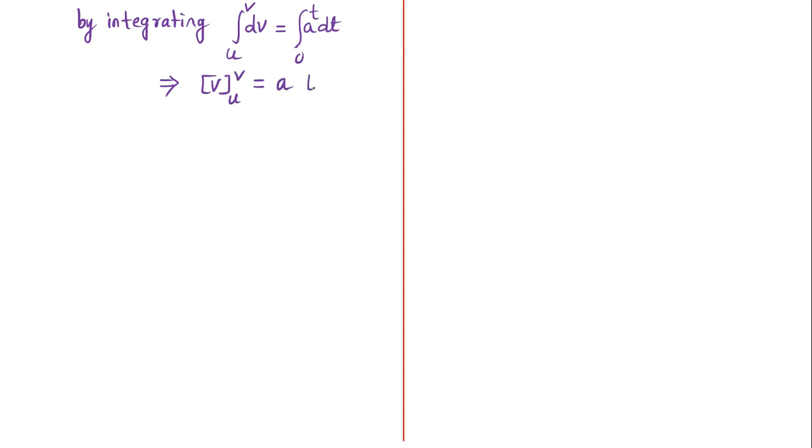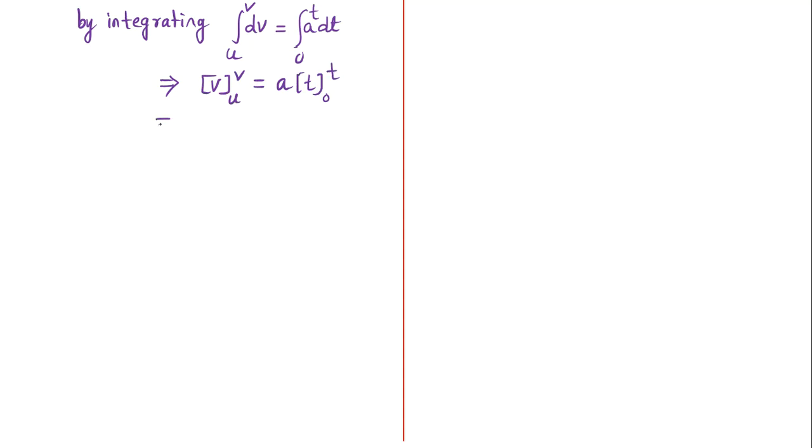By integrating both sides, integration of dv with suitable limits varies from u to v, equals integration of a dt, which varies from 0 to t. Now integration of dv is v, from u to v, and here acceleration a is constant, integration of dt is t, from 0 to t.